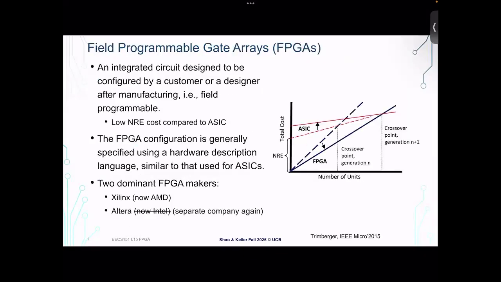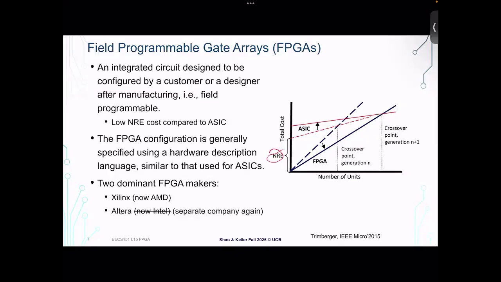And so the theory is kind of shown in this plot here, where the big advantage of FPGAs is that they have much lower NRE, non-recoverable engineering effort, right?